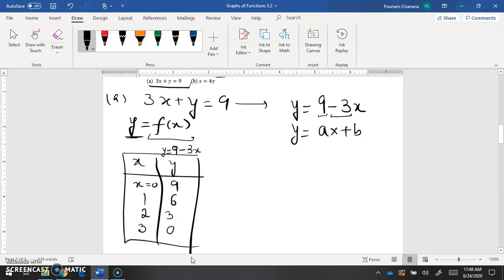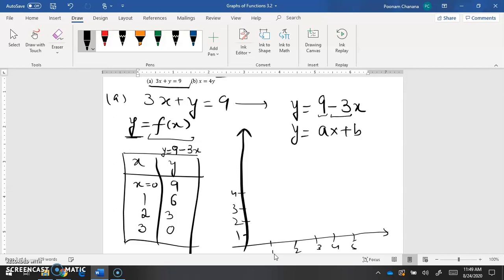Now, when you get the points, you can draw. Okay, so we have 1, 2, 3, 4, 5. Similarly, at x equals 0, y value is 9.